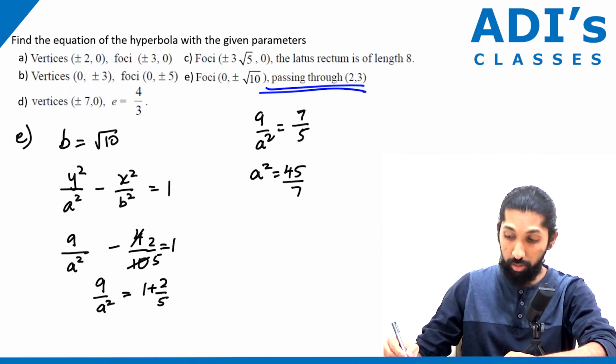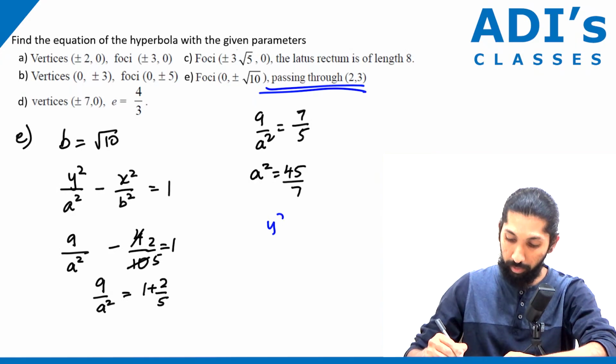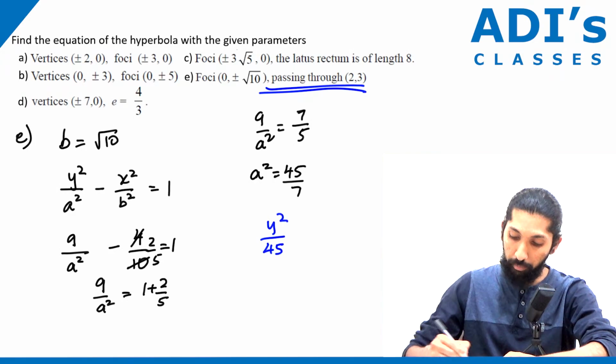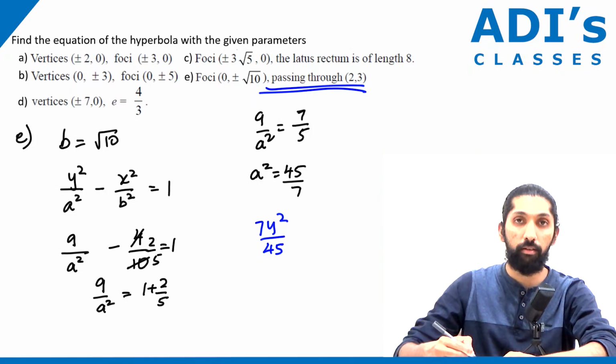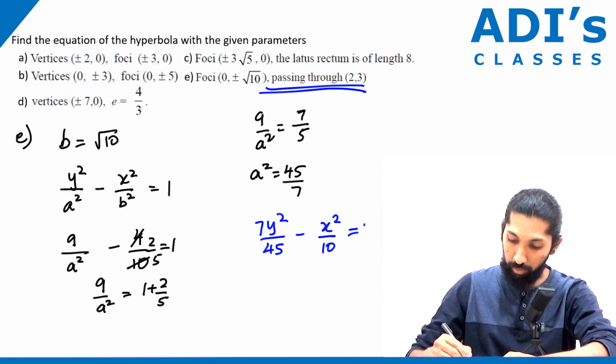Now since it's a conjugate one, what we are going to write is y square by 45 by 7. So the 7 goes to numerator. 7y square by 45 minus x square divided by 10 is equal to 1.